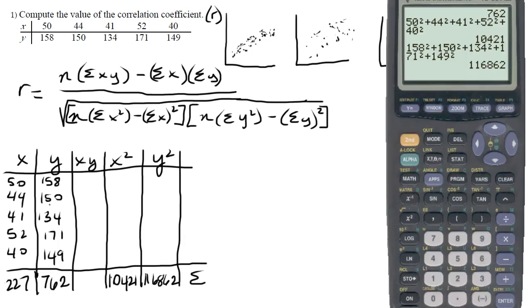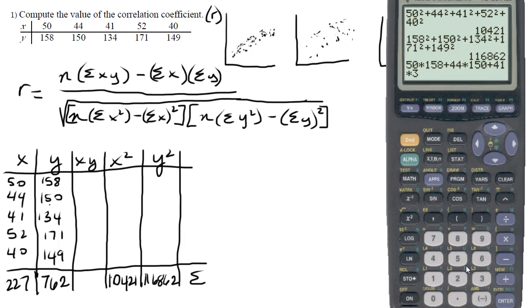Okay. Now x times y. I need to sum those as well. So let's say 50 times 158 plus 44 times 150 plus 41 times 134 plus 52 times 171 plus 40 times 149.